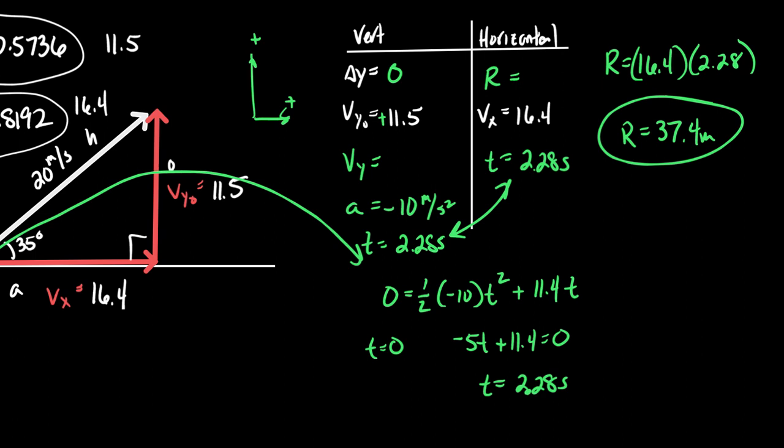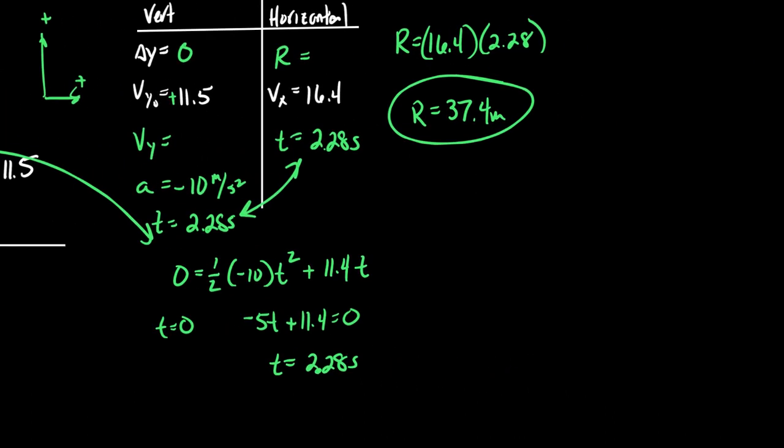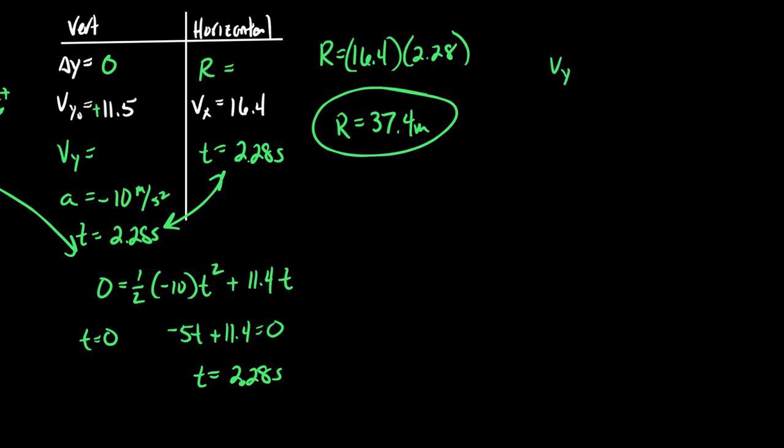Okay? Yes, sir? Can we assume that Vy is going to be 0? Final velocity? I don't think Vy will be 0. We can try it. We can figure out what Vy is right now. Vy equals negative 10t plus Vy naught, which would be 11.5. Right?